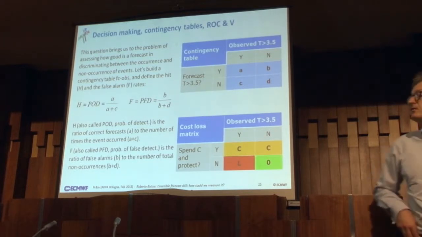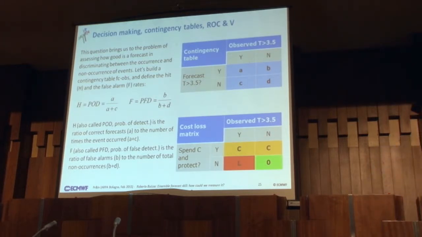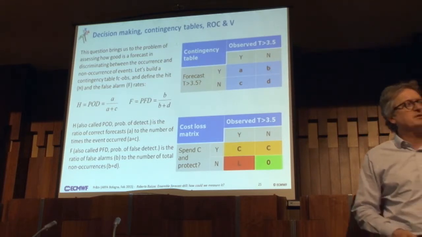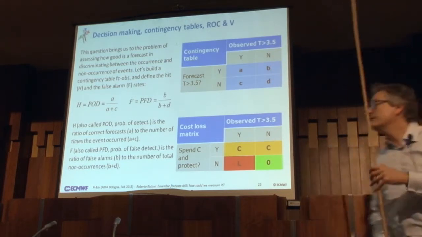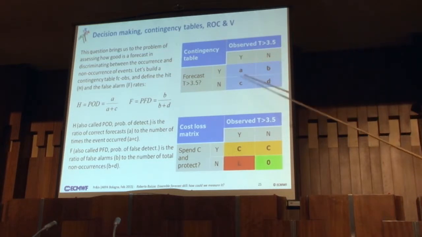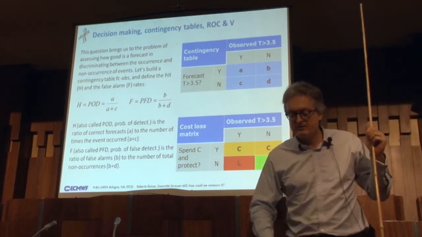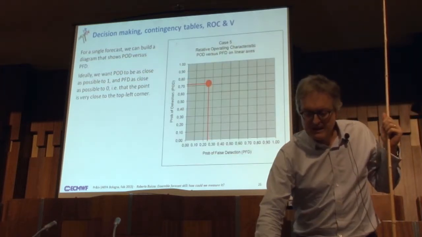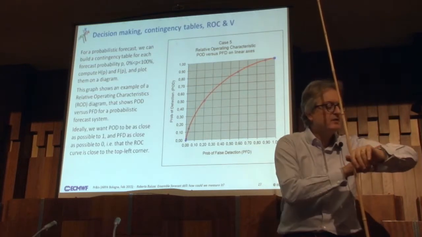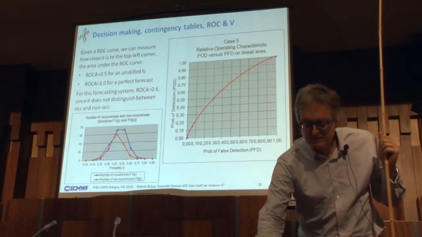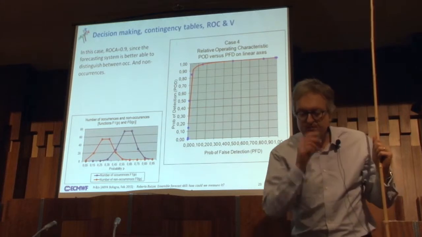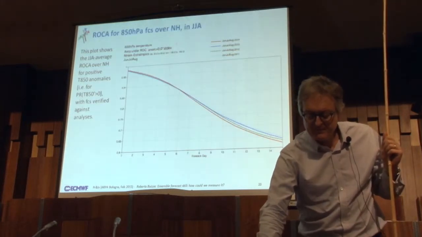First of all, by looking simply at this contingency table, you can define the area under relative operating characteristics. And then by using these two combined, you can define this potential economic value of a forecast. Now, I don't want to spend too much detail on it, but I just want to show you.